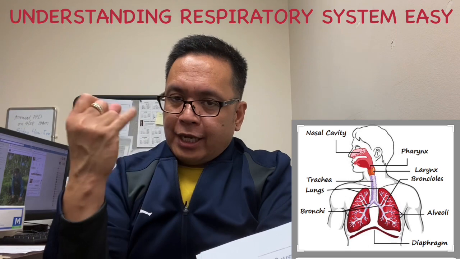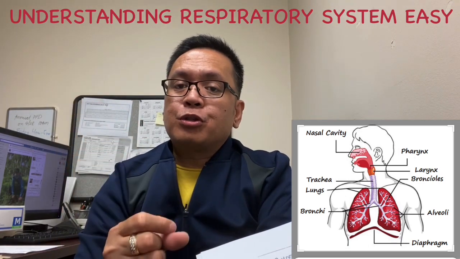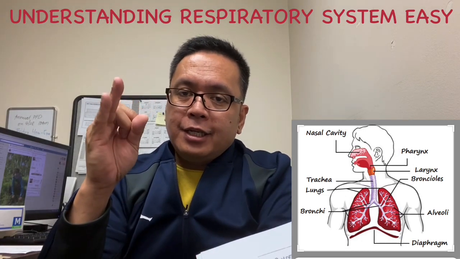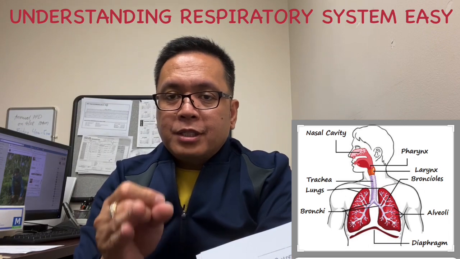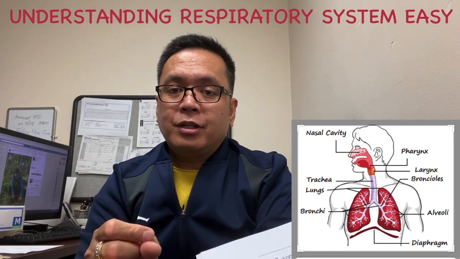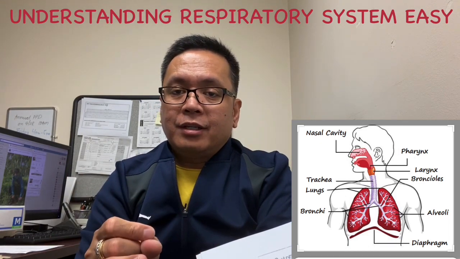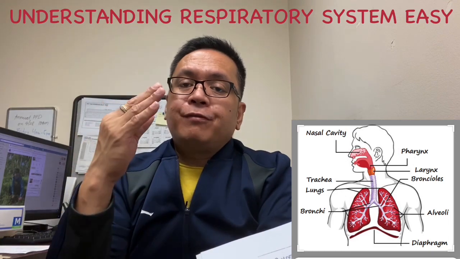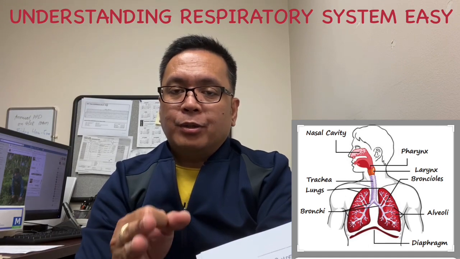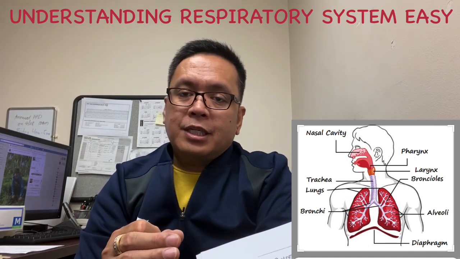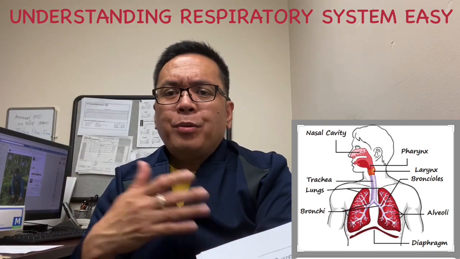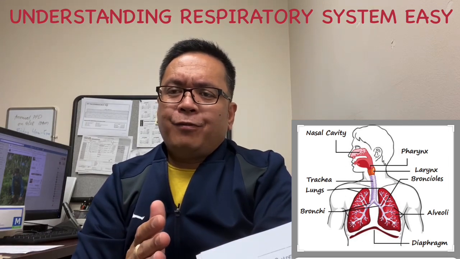These are, number one, ventilation, which is the gas distribution into and out of the pulmonary airways. Second is pulmonary perfusion, which is the blood flow from the right side of the heart through the pulmonary circulation and into the left side of the heart. And the last one is diffusion, which is gas movement from an area of greater to lesser concentration through a semi-permeable membrane.